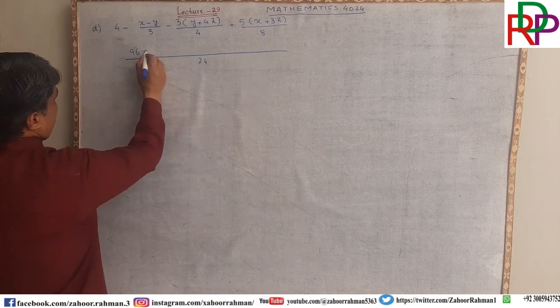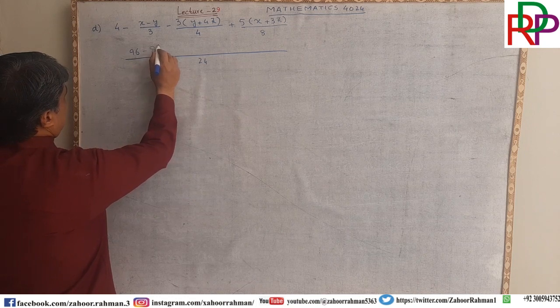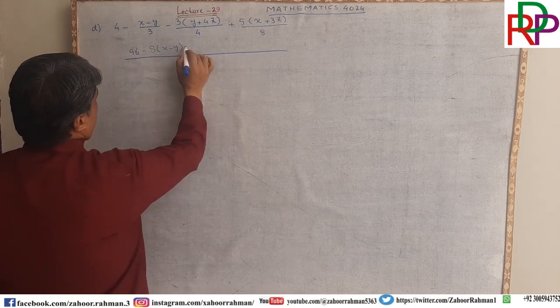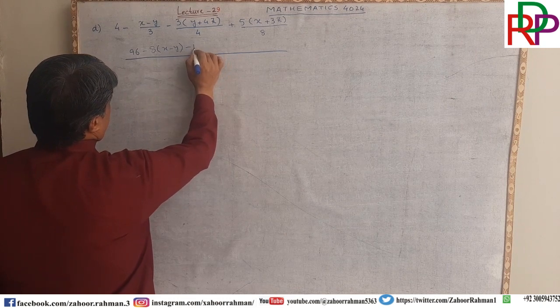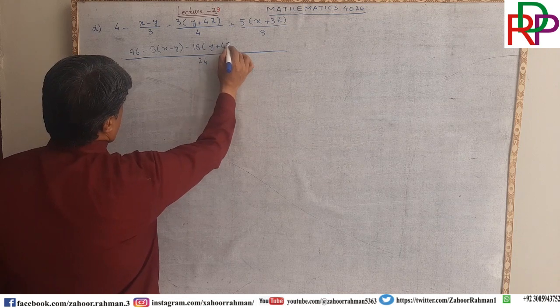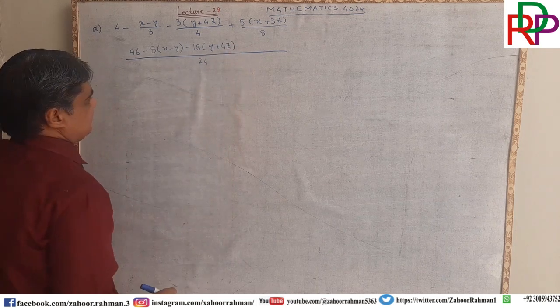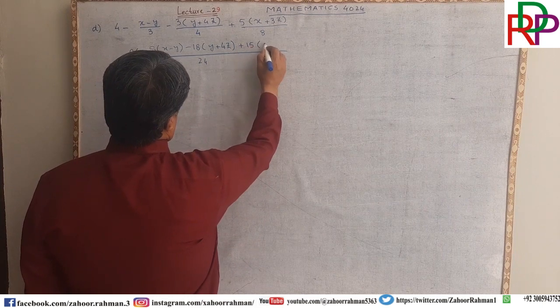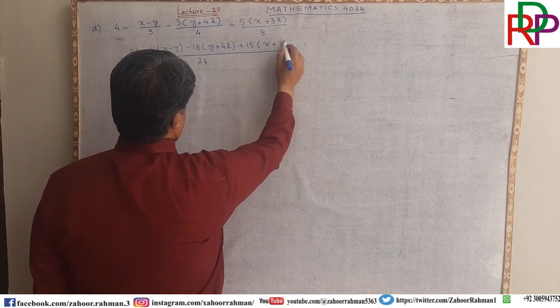and then minus 8 into (x minus y) minus 18 into (y plus 4z) plus 15 into (x plus 3z).